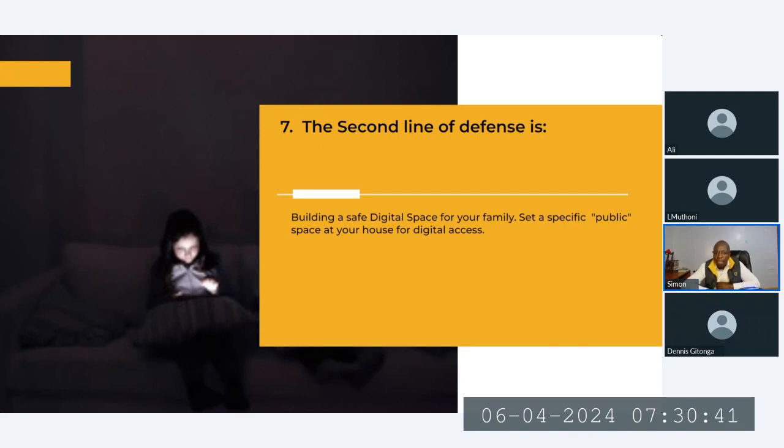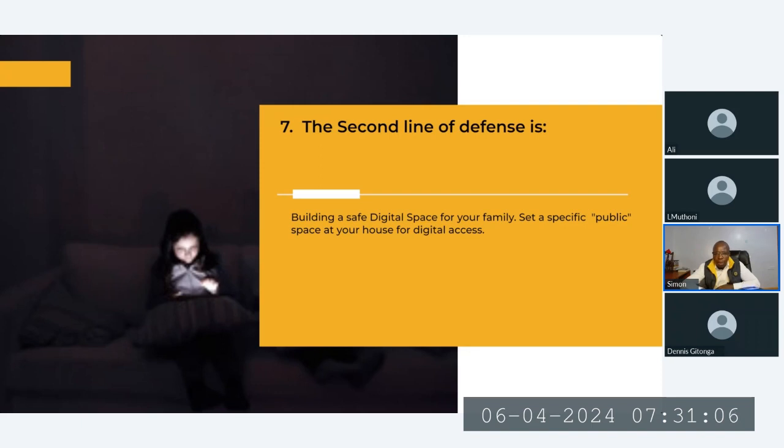But actually making sure that teens are not carrying the digital devices to their bedrooms, but there is a specific place that they know is the safe space where they can access technology. And since it's a public space, they'll be less likely to go into things that they don't feel comfortable doing.